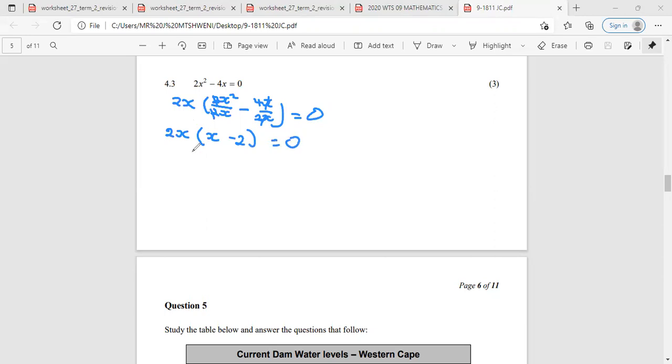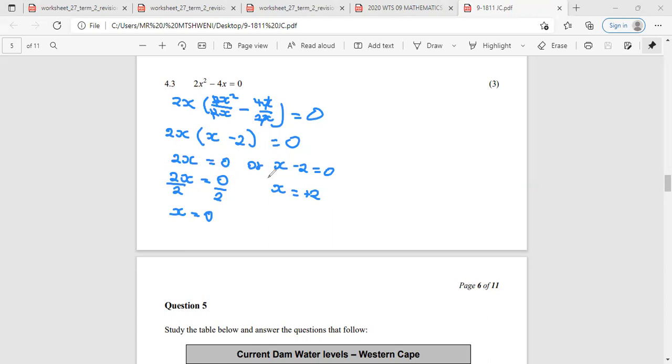When you reach this phase, what you do is therefore 2x equals 0, or x minus 2 equals 0. There are 2 options here. Divide by 2, x equals 0, x equals +2.